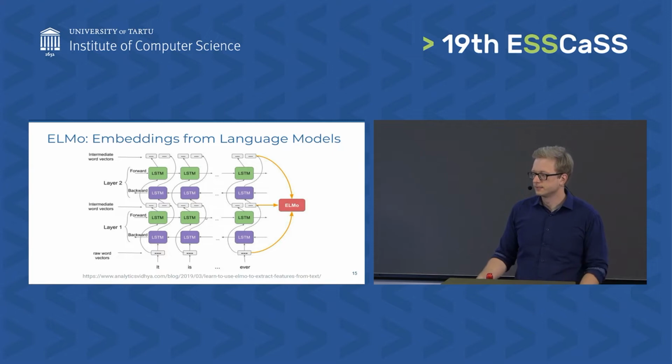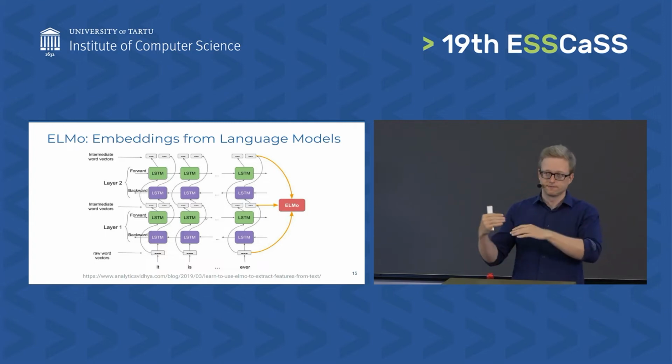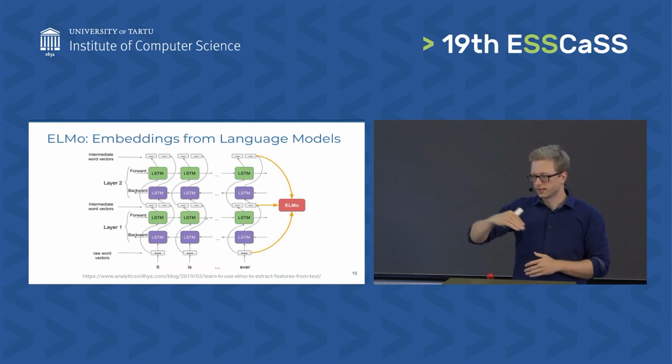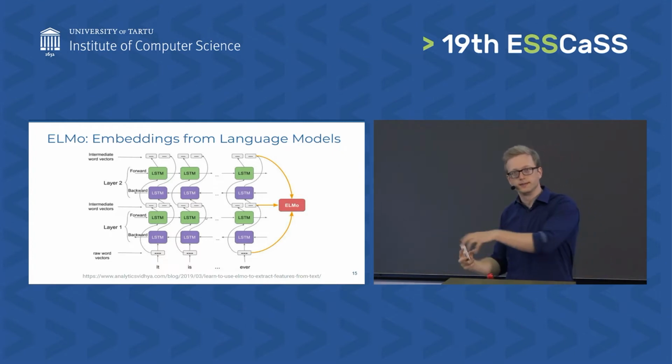In practice, it's a bit more complicated. They have two layers of bidirectional RNNs, and they take vectors from different points in that model. They take a vector from the input, a vector after the first set of bidirectional RNNs, and a vector after the second set of bidirectional RNNs, and then combine these together.